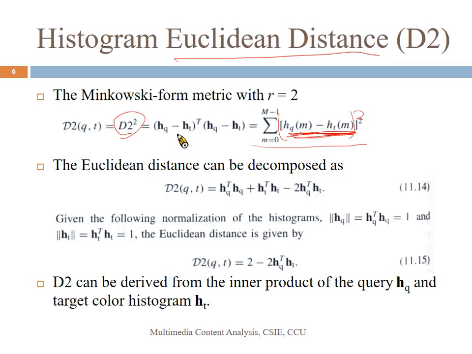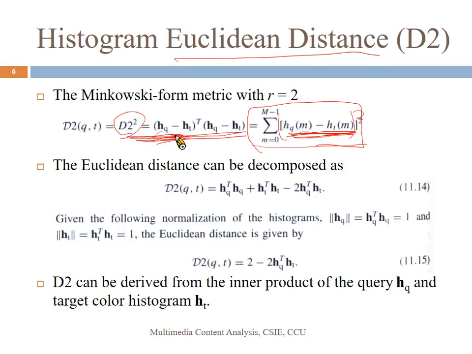And in matrix form or in vector form, we can represent this definition like this: vector HQ minus vector HT, take the transpose, multiply by HQ minus HT. Okay, so this is the squared Euclidean distance.